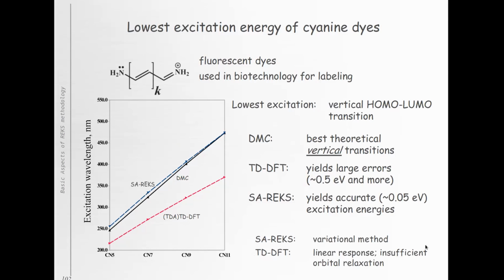The best theoretical vertical transitions for these molecules were obtained using diffusion Monte Carlo. And REKS is in very good agreement with DMC, whereas linear response TD-DFT provides quite a poor description of these excitation energies. And these vertical transitions are strongly overestimated, by more than half an eV or sometimes 1 eV or more.